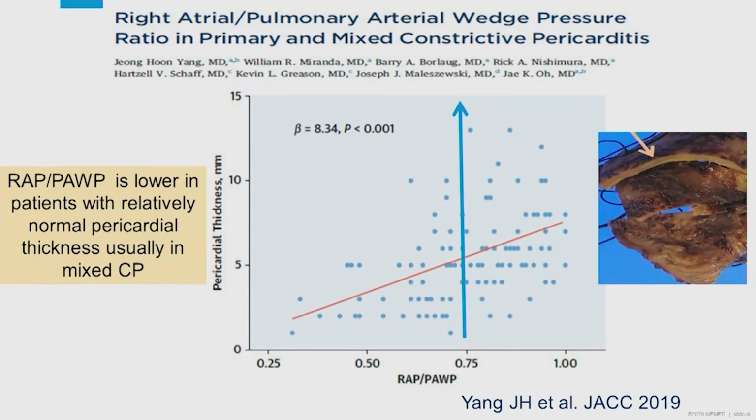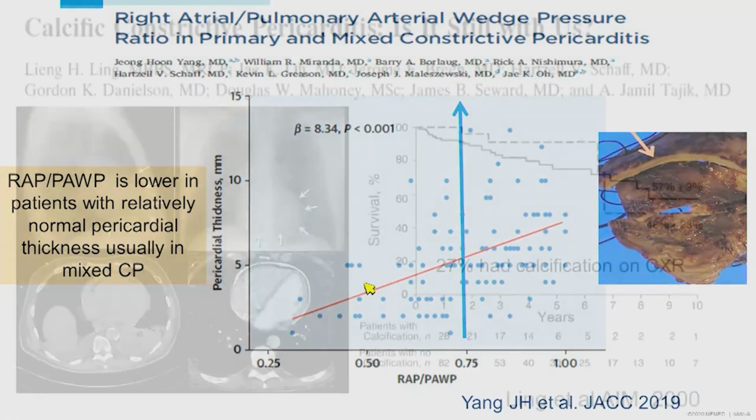They actually have a lower right atrial pressure over pulmonary arterial wedge pressure ratio, meaning the right atrial pressure, which indicates the intrapericardial pressure, is somewhat lower in patients with mixed constrictive pericarditis than in primary or pure constrictive pericarditis. I'll get back to this particular parameter when we discuss the prognostic features in patients with constriction.